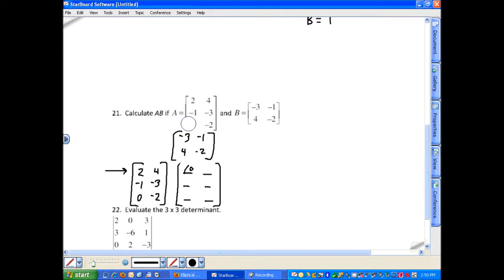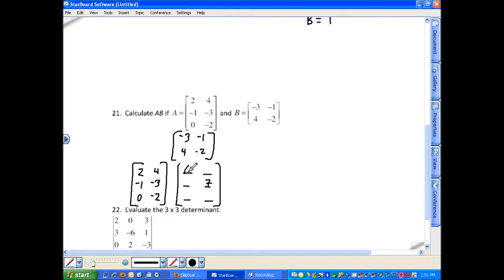And that's how the multiplication works. Whatever entry you want, like this entry here, that's going across the middle row and down this column. So go across the middle row and down the column. -1 times -1 is 1. -3 times -2 is 6. 1 plus 6 is a 7.